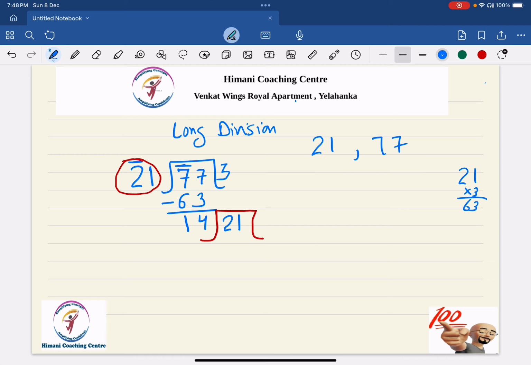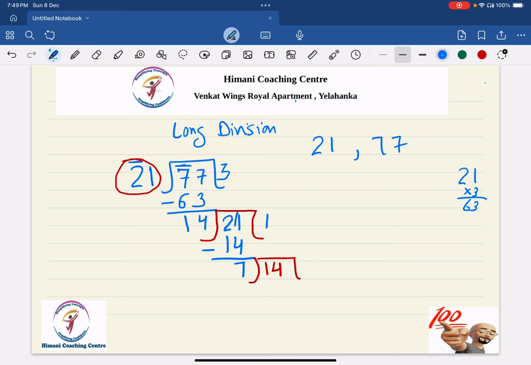So now let us look at the table of 14. 14 times 1 is 14, and 14 twos are 28. So we will do with 1. Now when we subtract, we get 7. Now again, 14 becomes the dividend.